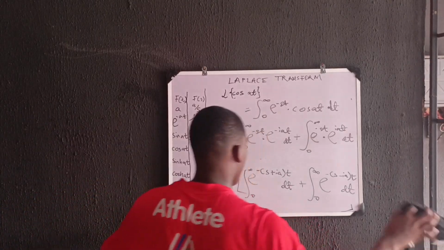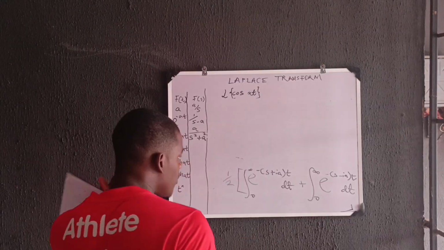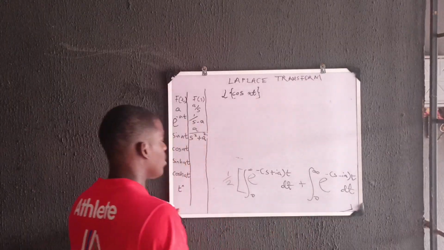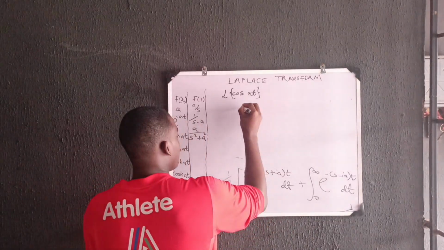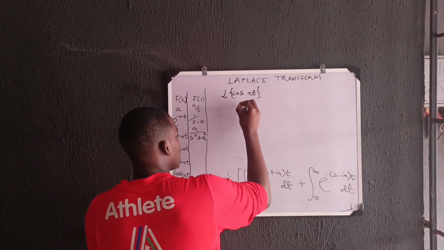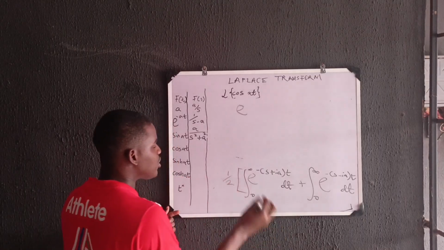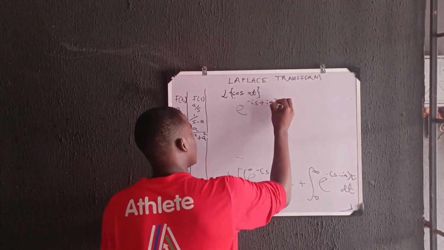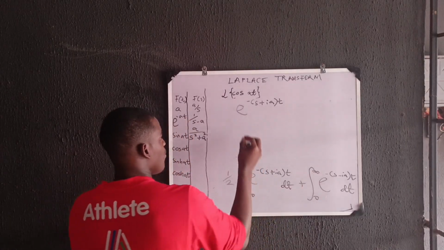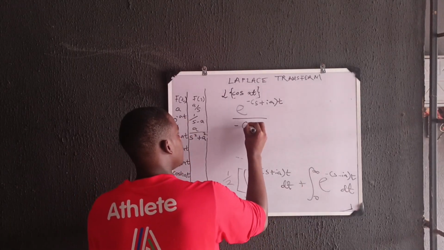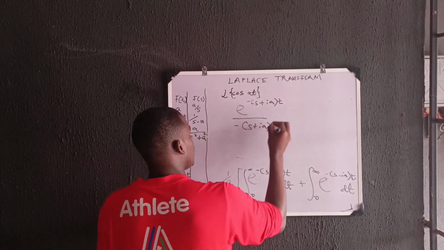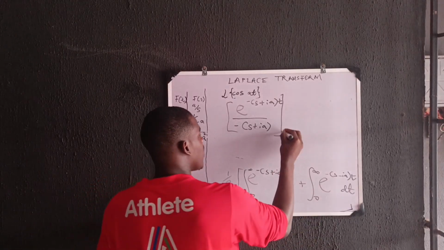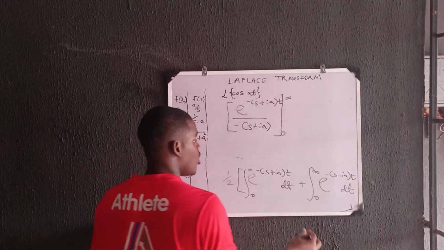So this is what we are going to have. Let's take it a step further. Okay, taking it a step further, what are we going to have? Integrating the first one, we are going to have e to the negative S plus IA all into t, all over negative S plus IA. And this is going to be within the limit of 0 to infinity, right?